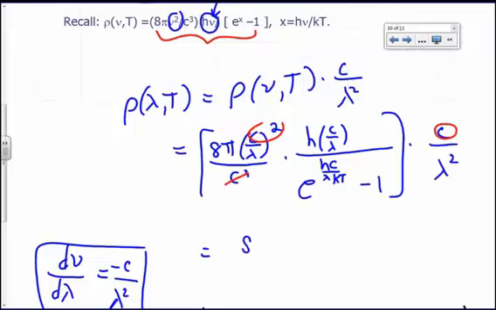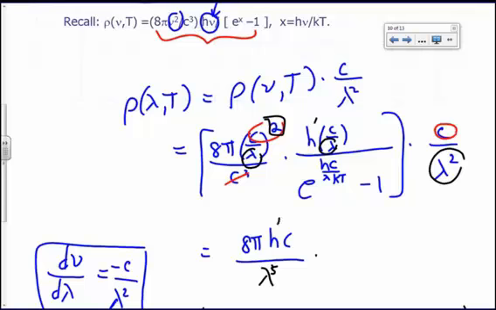You have 8 pi hc over lambda squared, there's another lambda, so that's lambda cubed, and there's another lambda squared, so that's lambda to the fifth, times, the h is already taken care of, so times 1 over e to the hc over lambda kT minus 1.